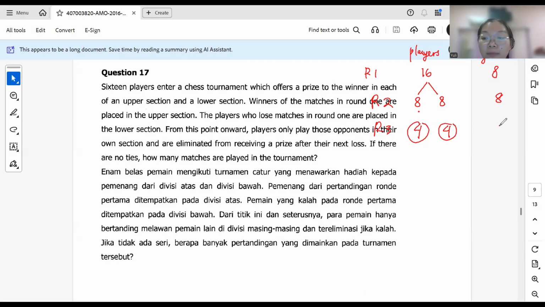So you will get 4 games in total. And then after that, you're going to have 2 winners from here and 2 winners from here for round 4. And then you have 1 game from here, because there are only 2 people, and 1 game from here. So you have 2 games. After this, you cannot have another game. In total, you will have 22 games. That's the answer, 22 games in total.